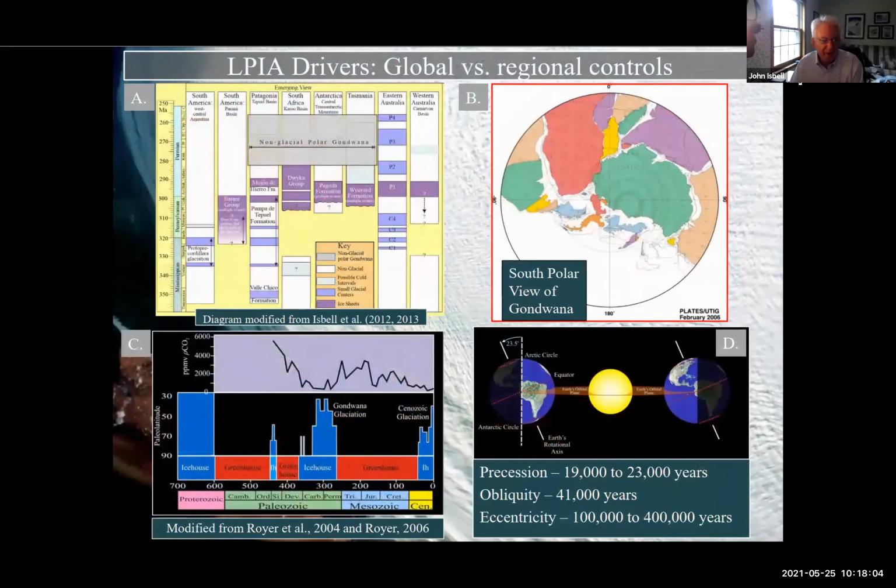Okay, just briefly talking about global drivers, and I'll try to keep this short because I really haven't gone into detail to explain anything.